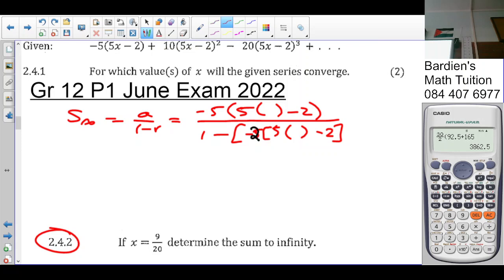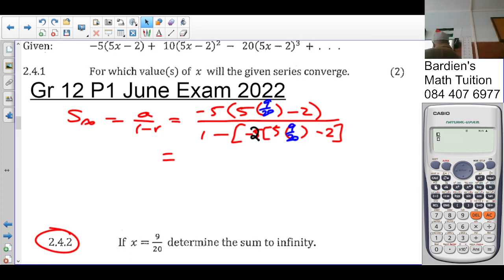And what's my x value? It's 9 over 20. So that's going to be negative 5 open brackets 5 times 9 over 20 minus 2, over 1 minus open brackets negative 2 times 9 over 20 minus 2.